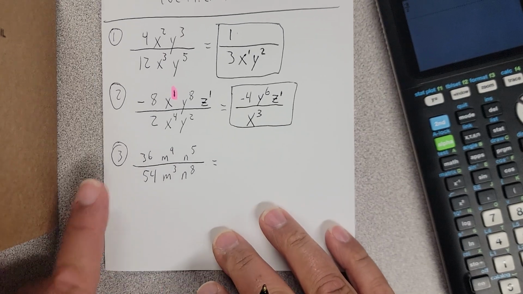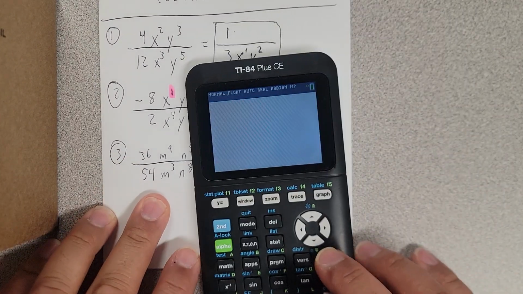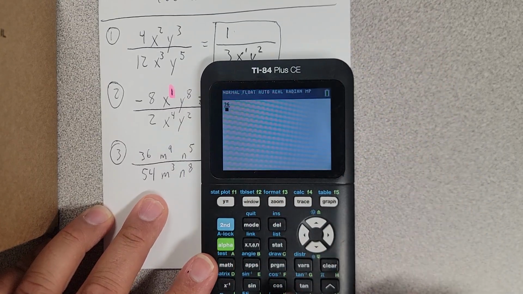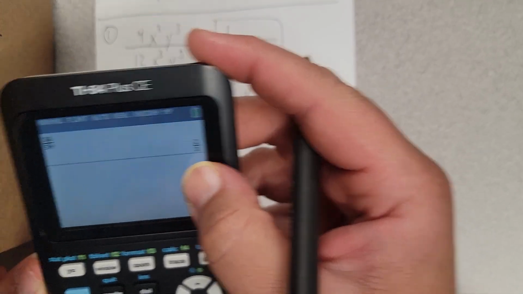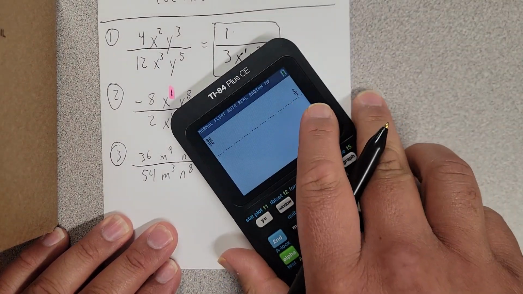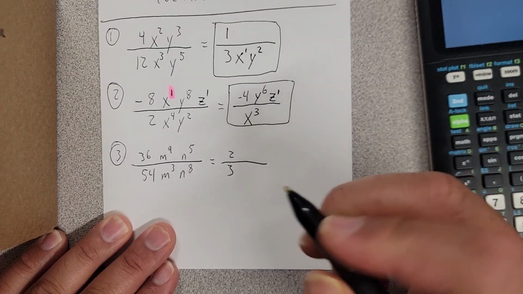So coefficients, I don't know if these reduce, so let's use a calculator. Remember, let decimals do it. 36 on the top, 54 on the bottom, and push enter. So that does reduce. I get a 2/3. It's 2 divided by 3. So go 2 on the top, 3 on the bottom.